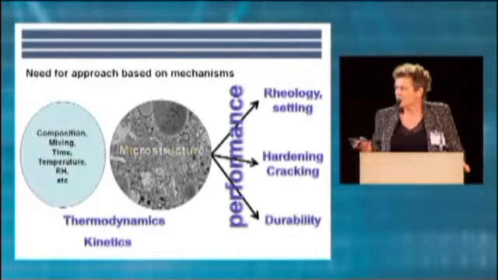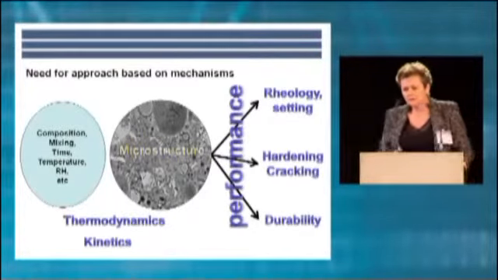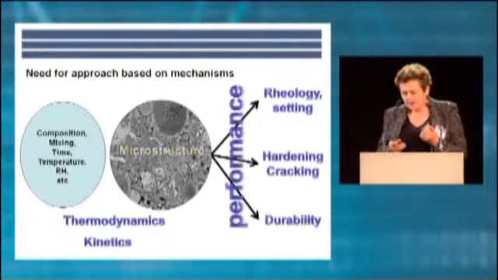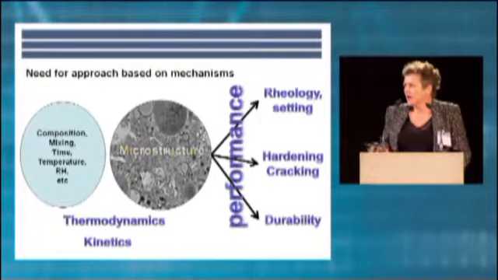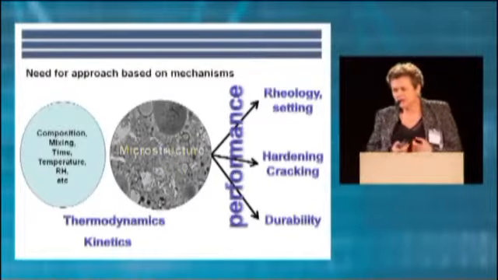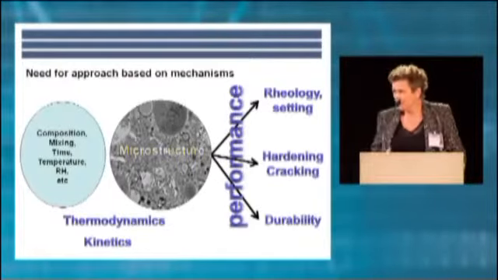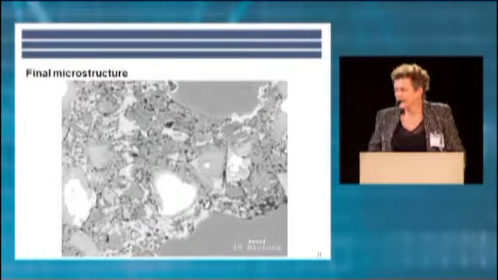The microstructure is formed by all these parameters here, and then it's that microstructure that governs the performance. And we really can start to understand how that microstructure is formed by using fundamental scientific principles like thermodynamics and kinetics, which is what I'm going to talk a bit more about today.